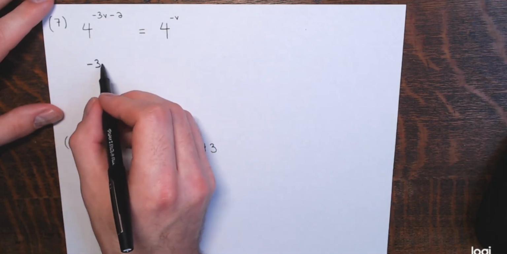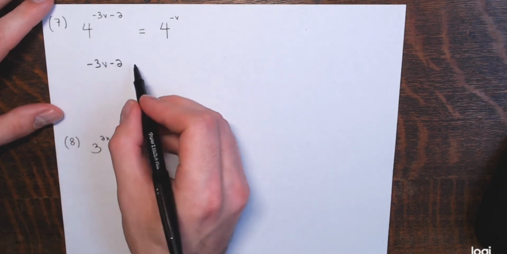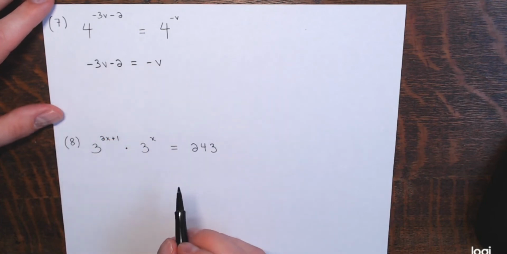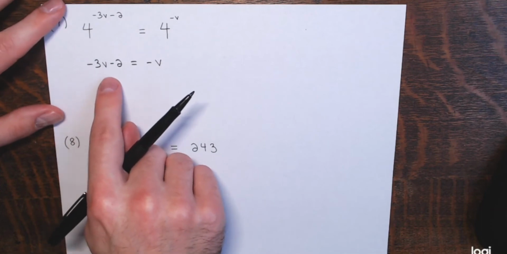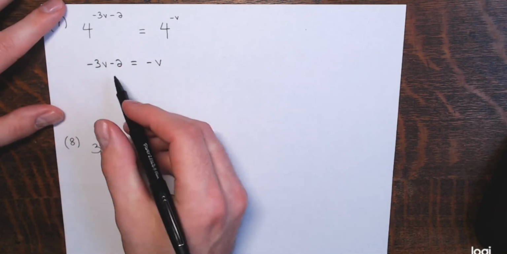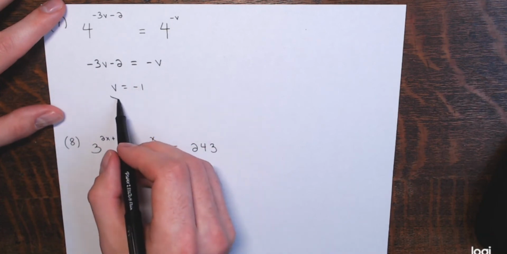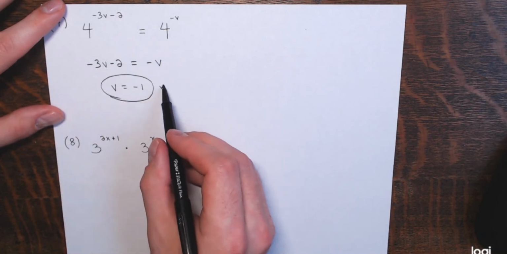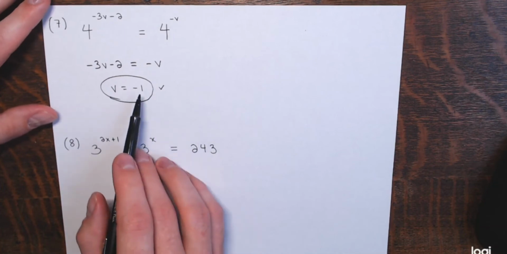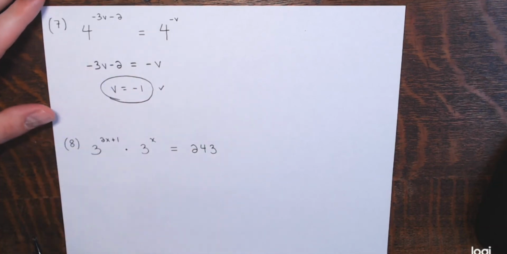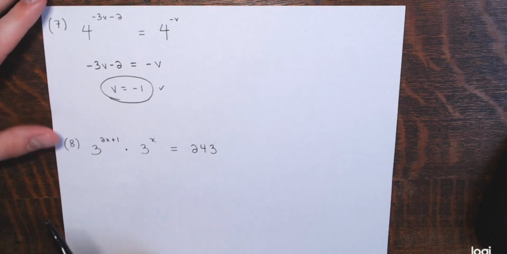So negative 3v minus 2 on the left must be equal to negative v on the right. And then if I were to add 3v, then divide by 2, we'd see that v must be negative 1. And there's your solution. And of course, check it out. You plug in negative 1, you'd get 4 equals 4, 4 to the first on both sides, which is working out.